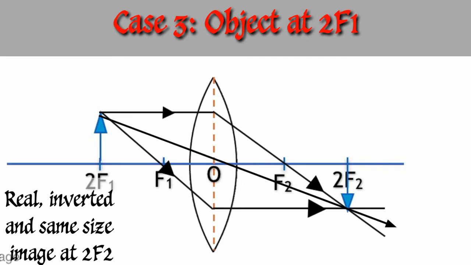Then here also we obtain a point of intersection, and just join that point of intersection of the refracted light rays with the principal axis. That gives the corresponding image. When the object is placed at 2f1, the convex lens provides a real, inverted and same-sized image at 2f2.